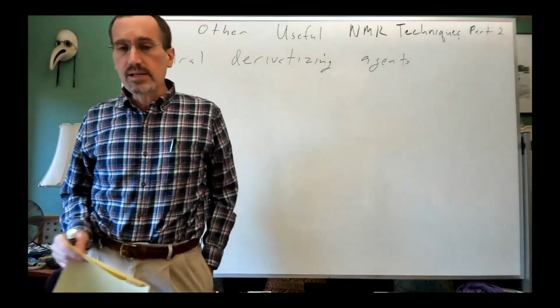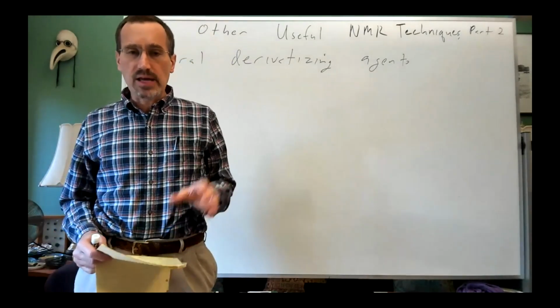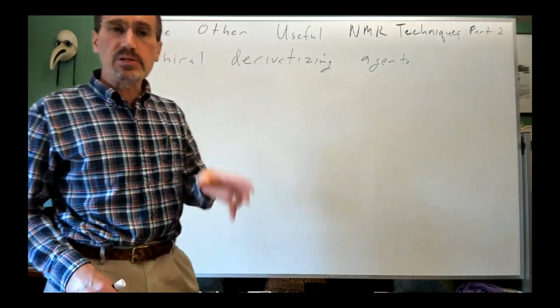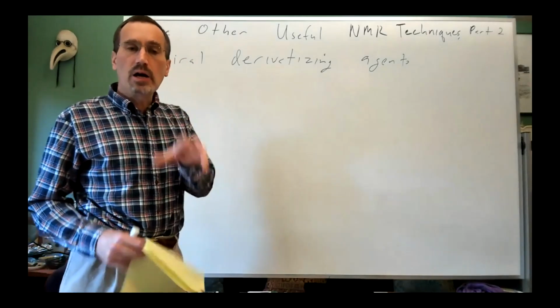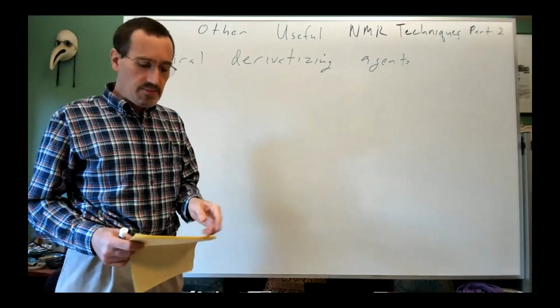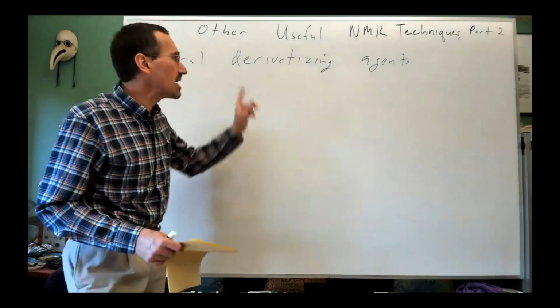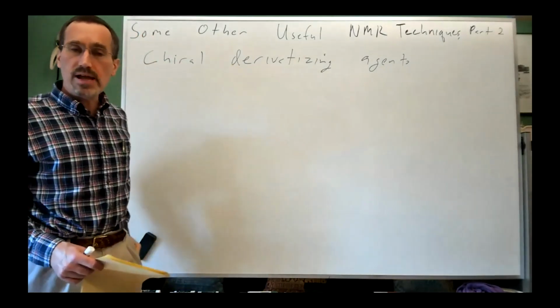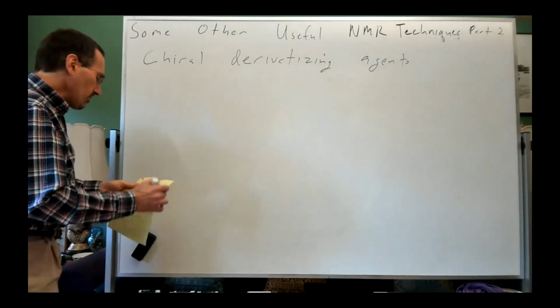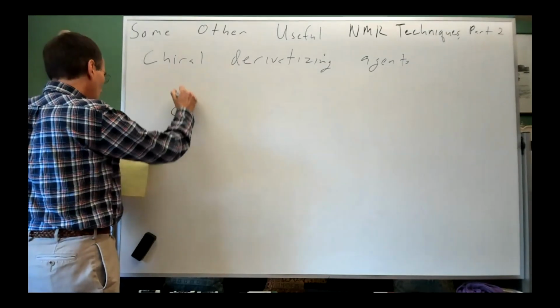So one way to achieve this, so that you can see a distinction between your two enantiomers, is to take a reagent that reacts with the enantiomers to make diastereomers. That is, to take a chiral reagent and derivatize your molecule. So I'll show you two popular ones.